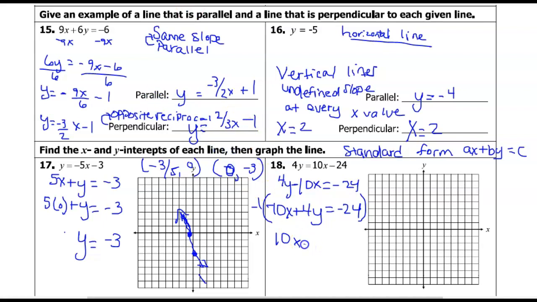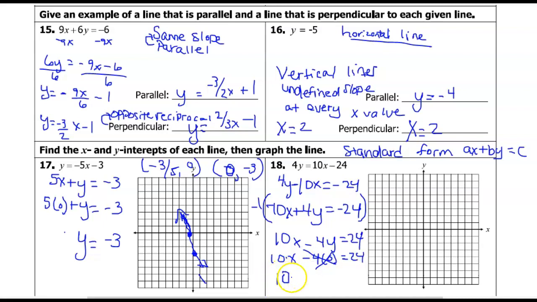Same thing. If I want to find the x-intercept, I plug in a 0 for y. And that's going to zero out everything here. So 10x minus 4 times 0 gets rid of everything here. This goes away.